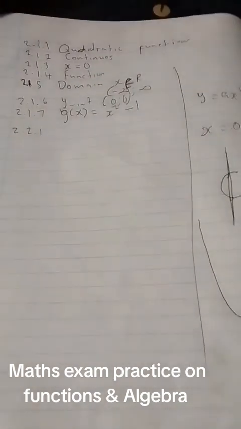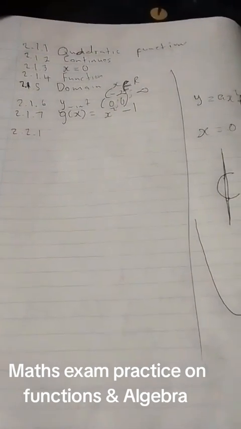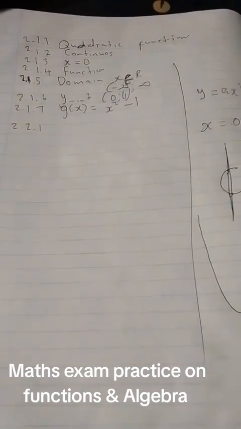So the equation of the axis of symmetry is always x equals 0. Please take note of that. I'm done with 2.1, so let's proceed.